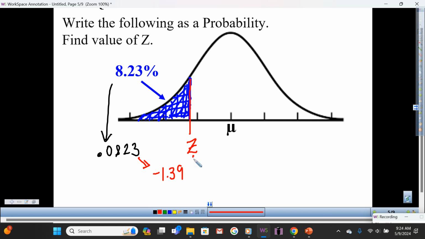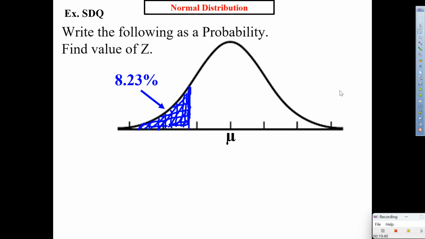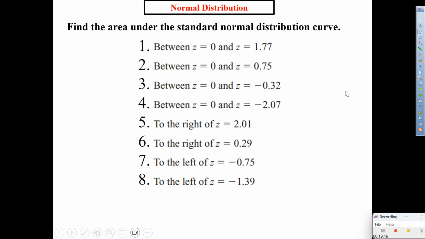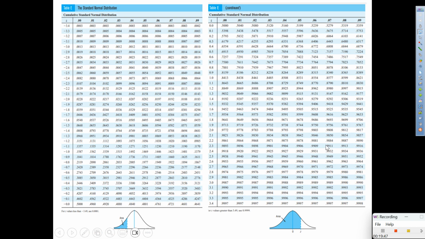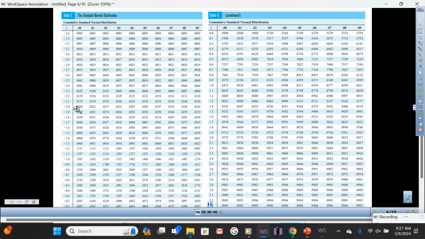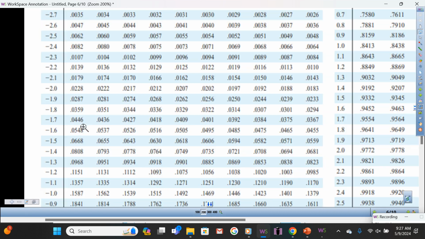That is correct. Now, for those of you following on YouTube, hold on, let me get the table in front of me. All right, so we said negative 1 point something, and we're looking for 0.823.